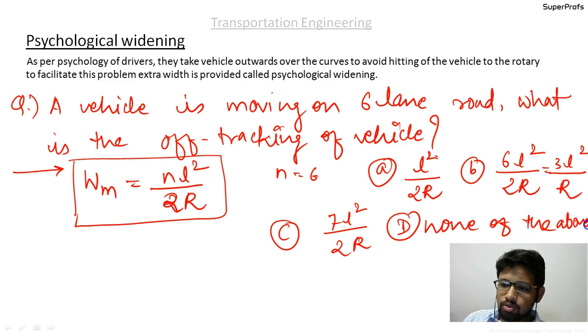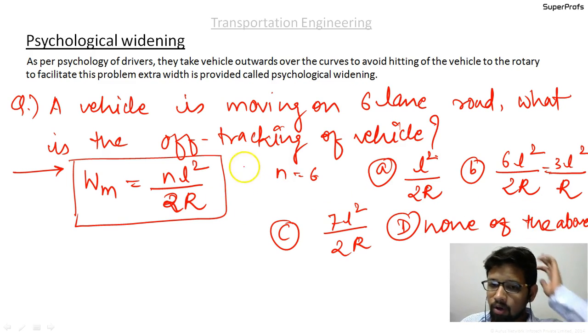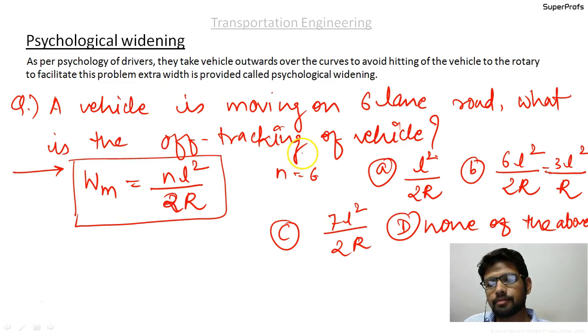Okay, so please tell me what will be the off tracking of the vehicle when it is a 6 lane road.